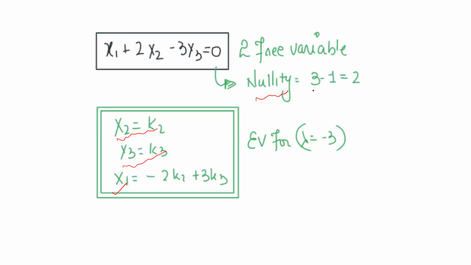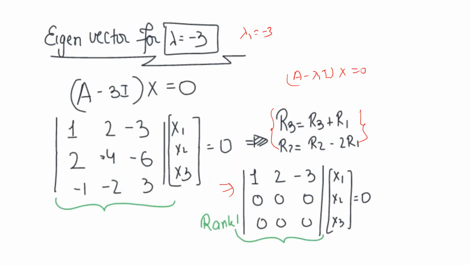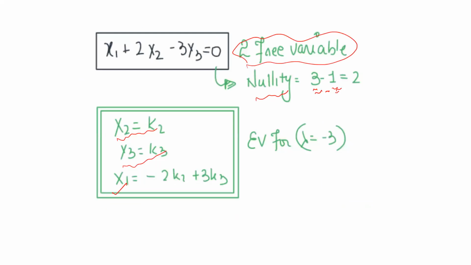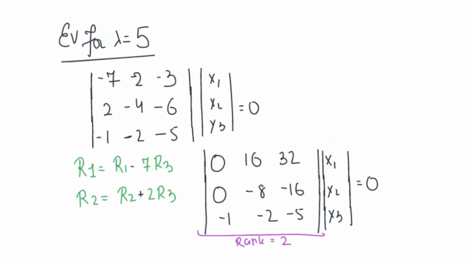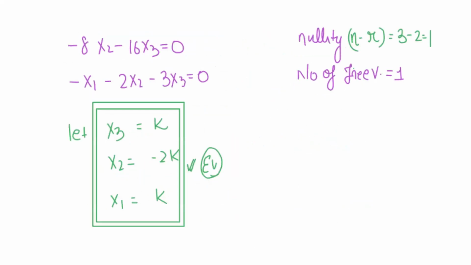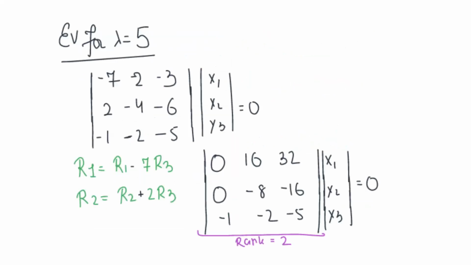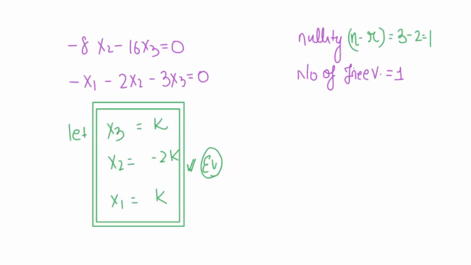Because nullity is equal to 3 minus 1, where 3 is the number of variables and 1 is the rank, there are two free variables. That means here two free variables. For lambda equal to 5, we adopt a similar procedure. Here the only free variable is 1 because the rank is 2 here.